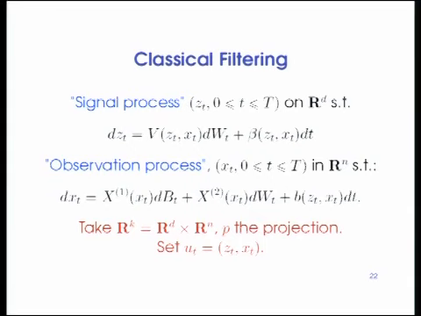And what you did, as Professor Krylov did, you can take U_t to be the pair of them. So to fit in with what I've been doing before, R^k is the product of the two, and R^n will be the projection down to there.